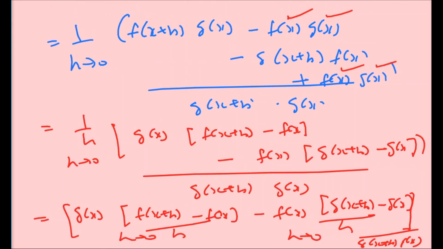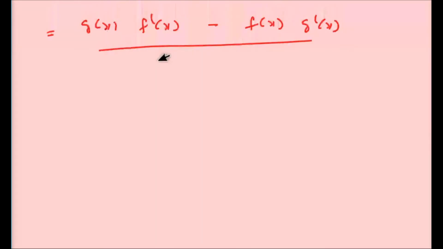So we can write here equal to g(x) into f dash x minus f(x) into g dash x upon g(x) into g(x).